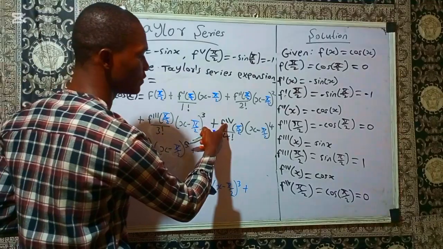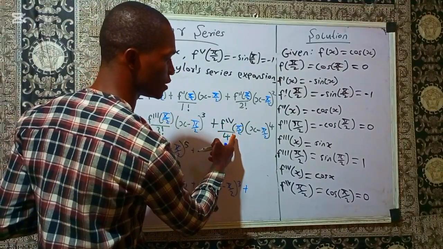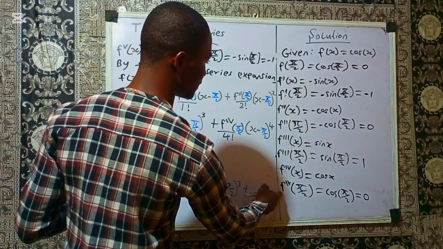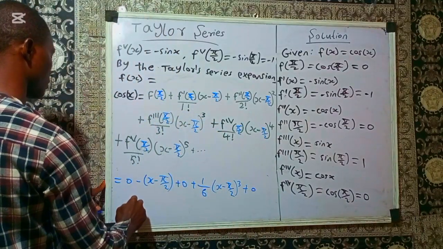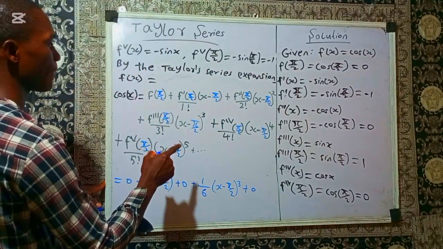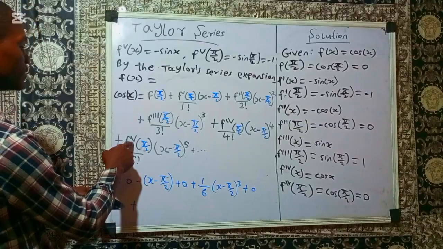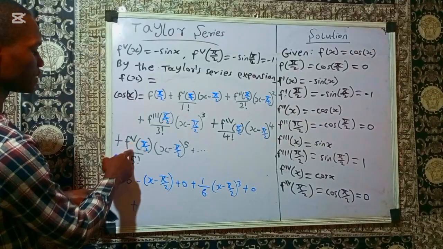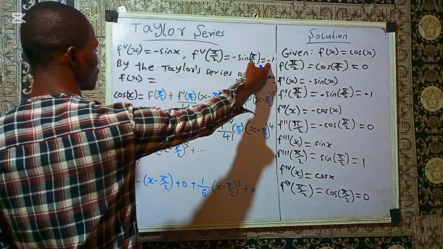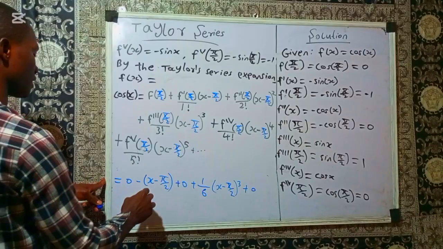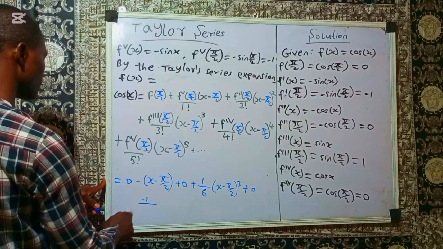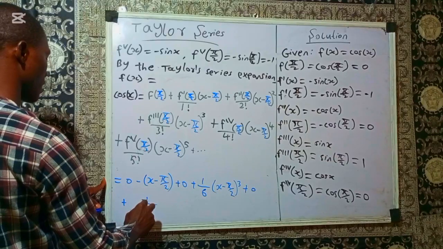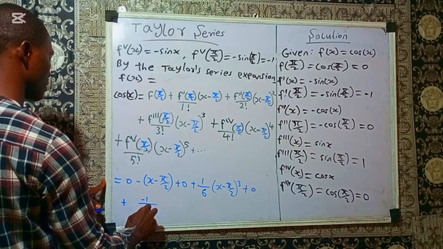Plus the fourth derivative of f at pi over 2. Let's check it. Fourth derivative of f at pi over 2 gave us 0, plus 0, plus the fifth derivative of f at pi over 2 gave us what? Minus 1 divided by 5 factorial. Have minus 1 divided by 5 factorial.